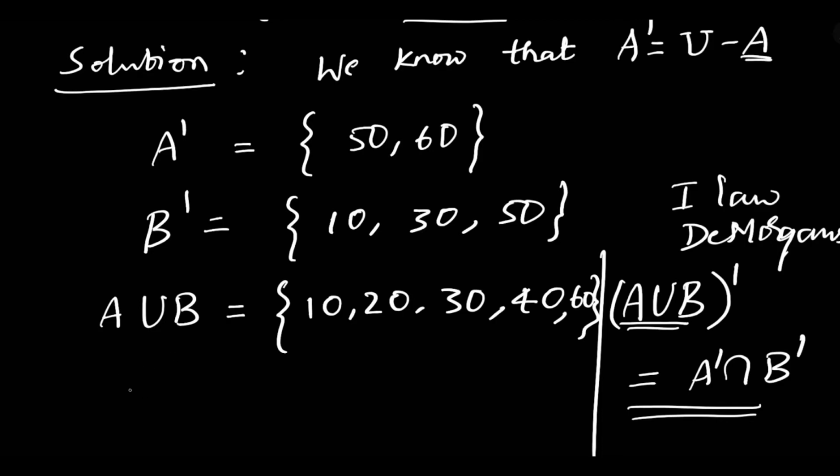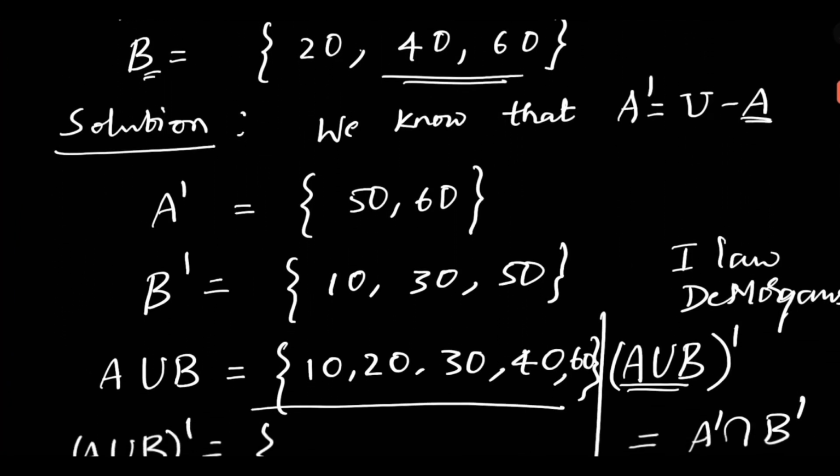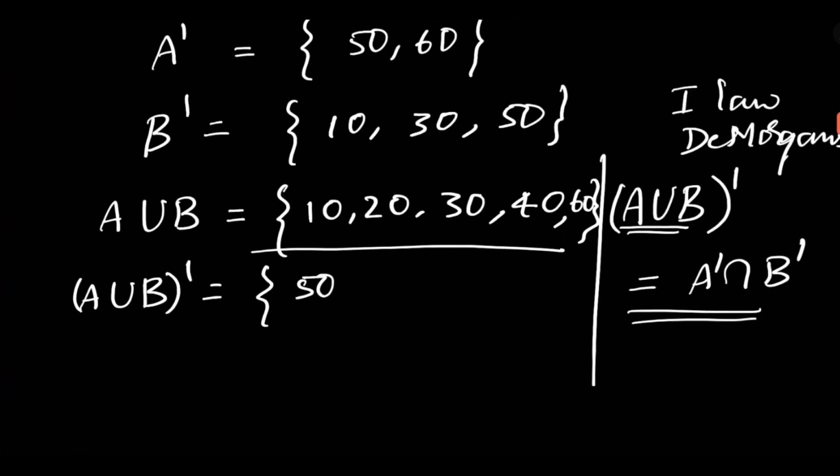Now let us find the complement of this, A union B the complement. All those which are not in this but in the universal set. What is that? Just a singleton set. What is that? 50.